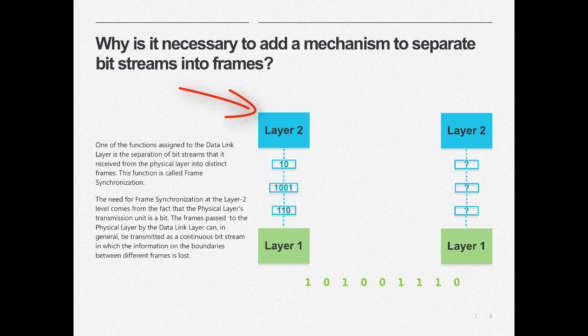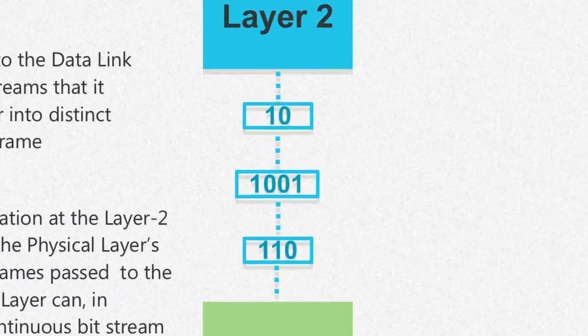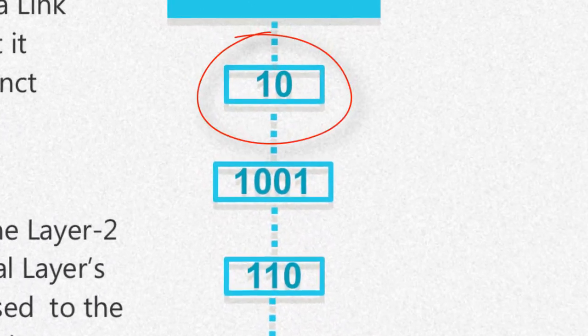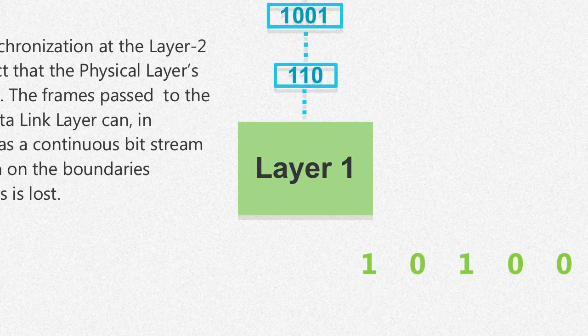The layer 2 entity on the left is producing a series of frames. One of them is 10, we're showing here the bits, 10, 1001, and 110. These frames are being passed to layer 1 on the left system.